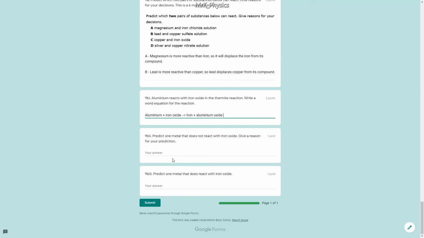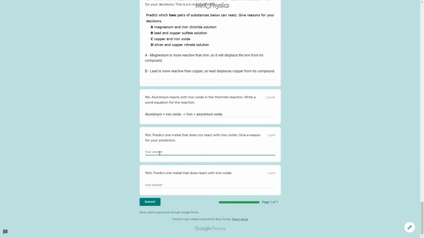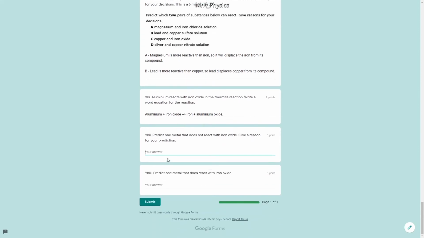Predict one metal that does not react with iron oxide. Essentially any that's less reactive than iron. If it's less reactive, then there won't be this displacement reaction. So from the list, you could put lead, copper, silver, and the common answers that a lot of you went for were copper, silver, gold, and platinum.